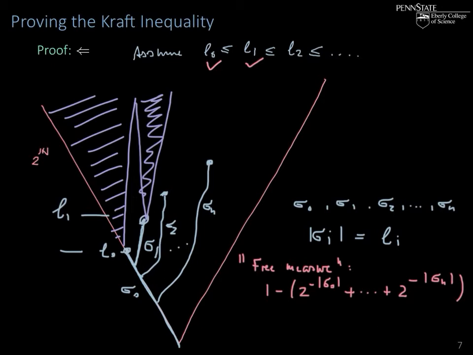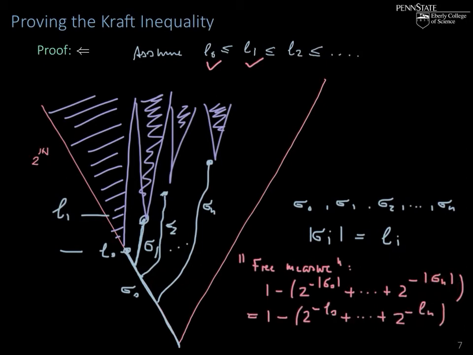Free measure in the sense of how much space we still have left to choose our next string, sigma n plus 1? Well, how much measure have we used so far? Assuming we're working in the binary alphabet case, we've used 2 to the minus length of sigma naught plus all the way up to 2 to the minus length of sigma n.